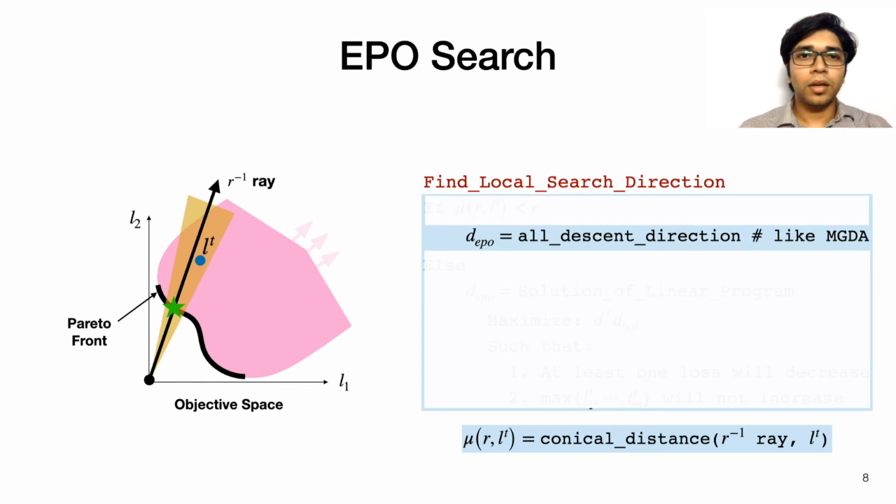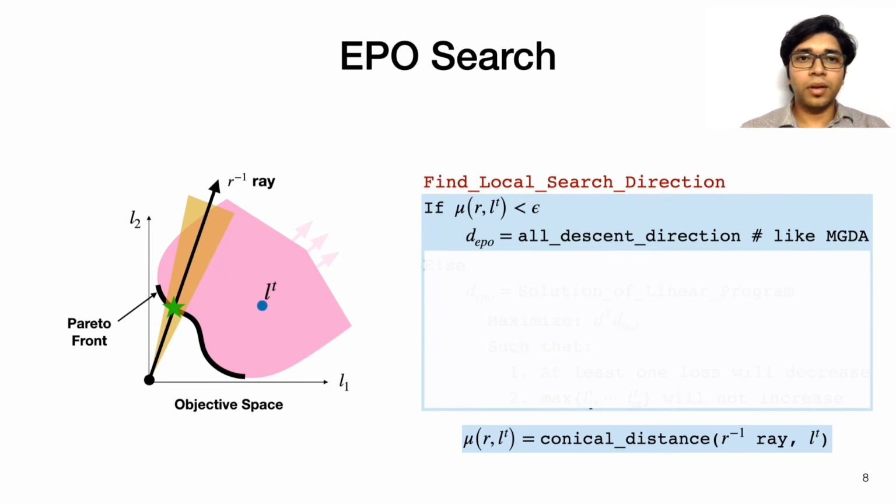In particular, mu is 0 when L_t lies exactly on the preference ray, and it increases as we move away from it. So if mu is low, we use the all descent direction for local search like in MGDA.